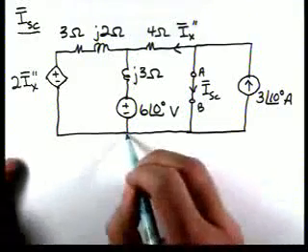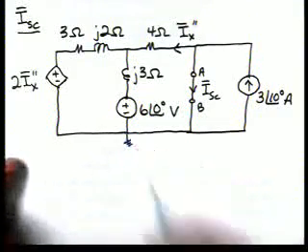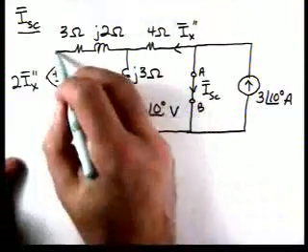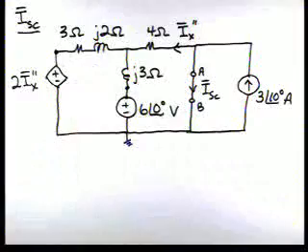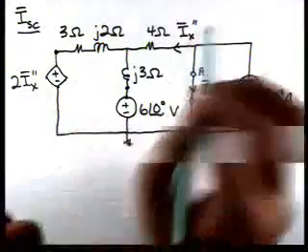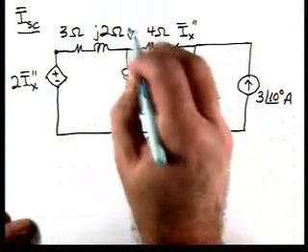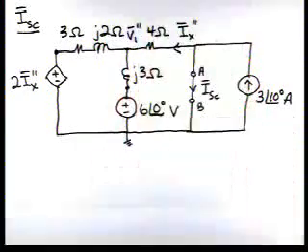If we pick this as a reference, we have that node voltage is known. This one we have a constraint on. Here we have really only one unknown node voltage again, and that's the voltage V1.